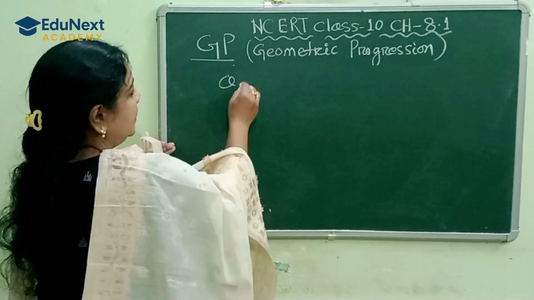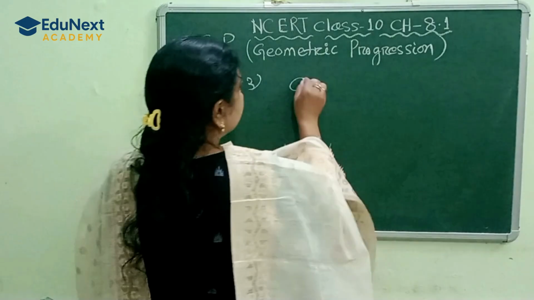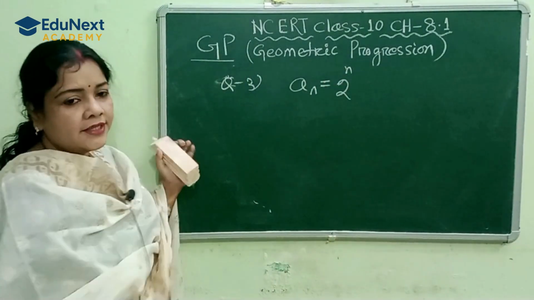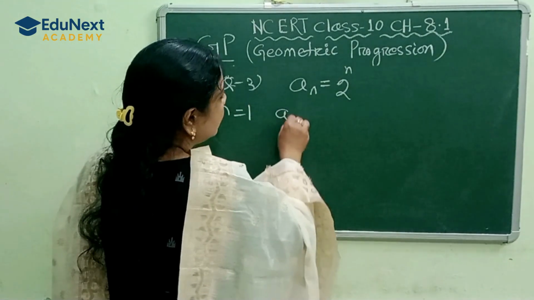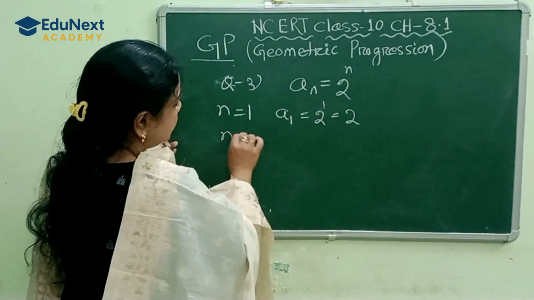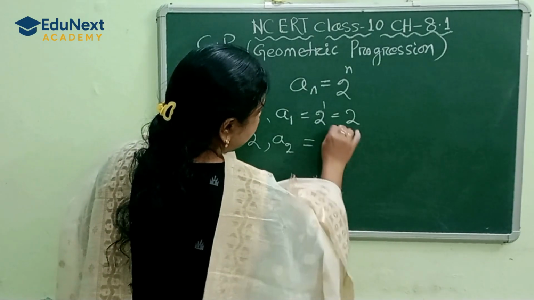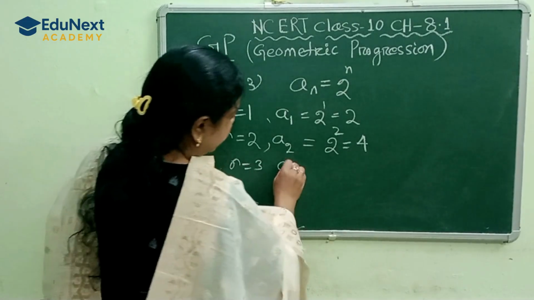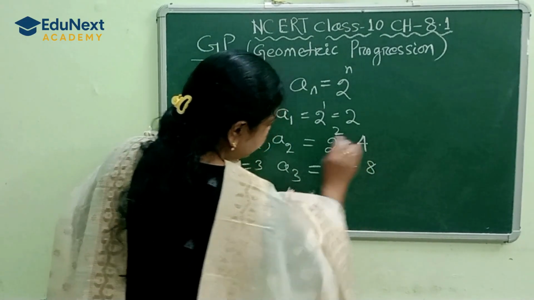Question number 3, given a_n is equal to 2 to the power n. Very easy. At n equal to 1, a1 is 2 to the power 1, that is 2. At n equal to 2, a2 is 2 squared, that is 4. At n equal to 3, a3 is 2 cubed, that is 8.